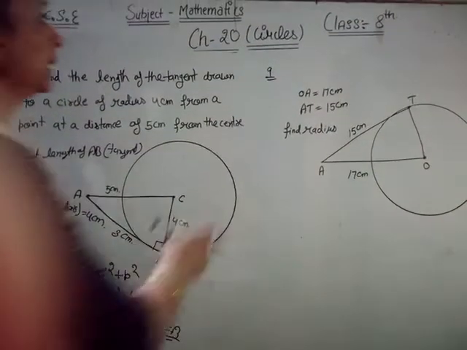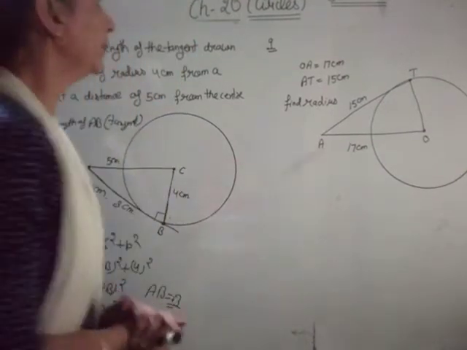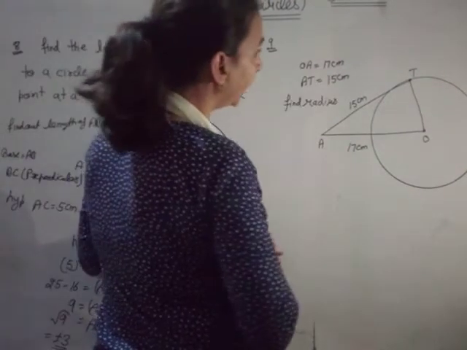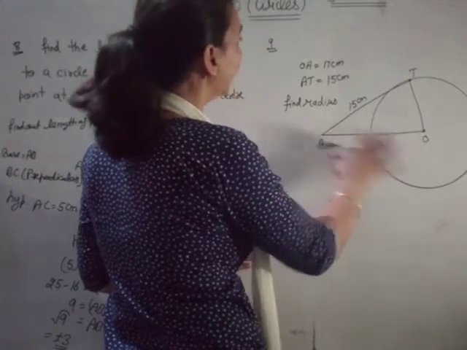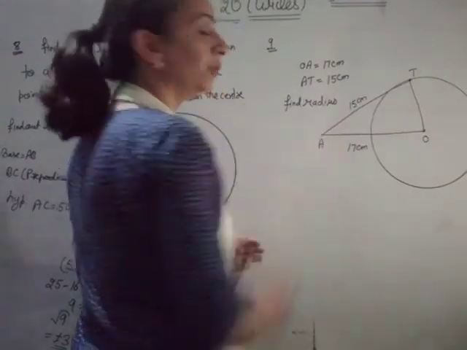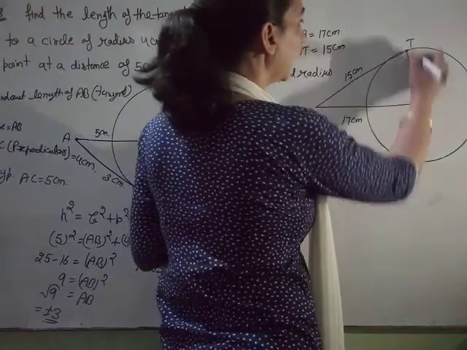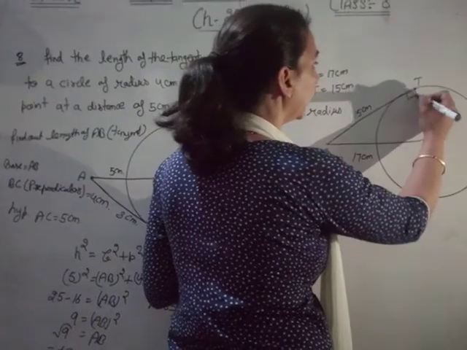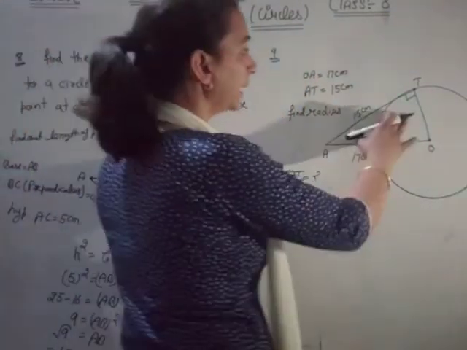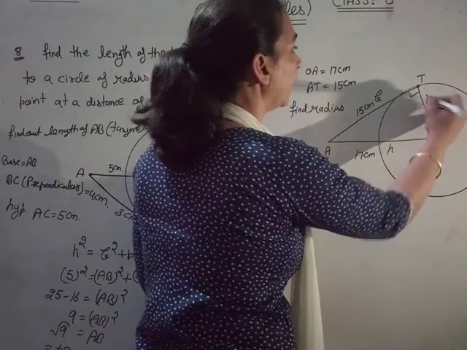Okay, then this is the 9th question, same as the 8th question. Student, OA equals 17, AT is 15 and this is the tangent. Find out the radius, we find out OT. And student, we know that where radius and tangent meet the angle is 90 degrees, then this is the same right angle triangle, opposite of 90 is the hypotenuse, this is the base, this is the perpendicular.